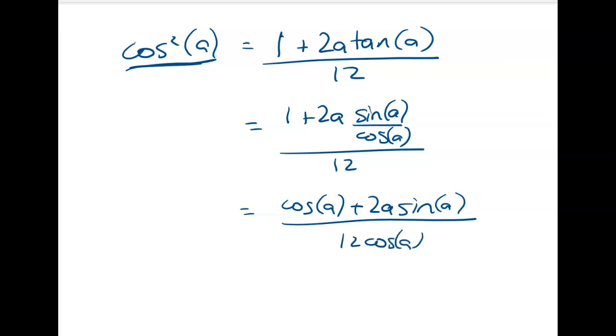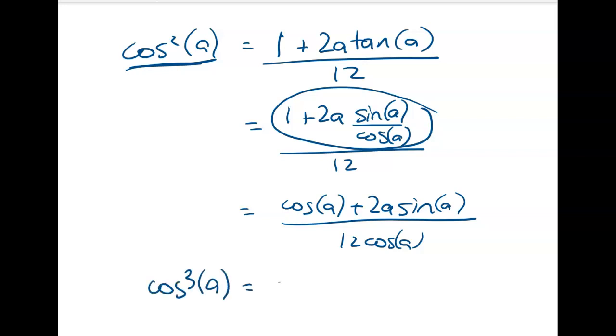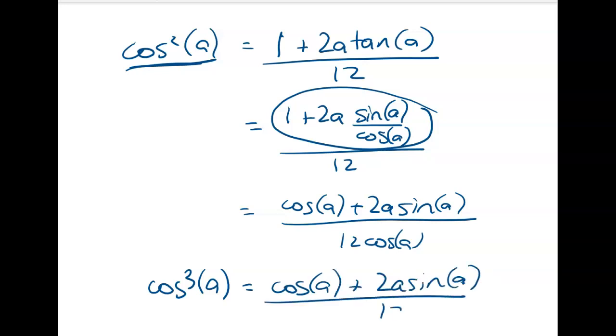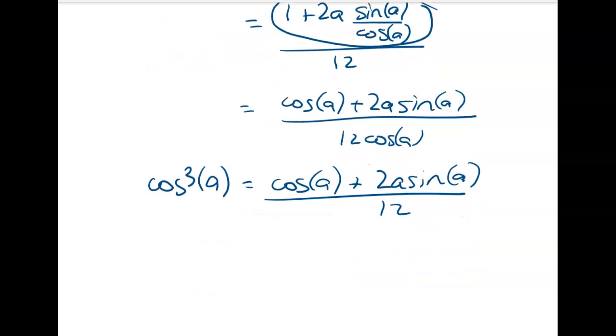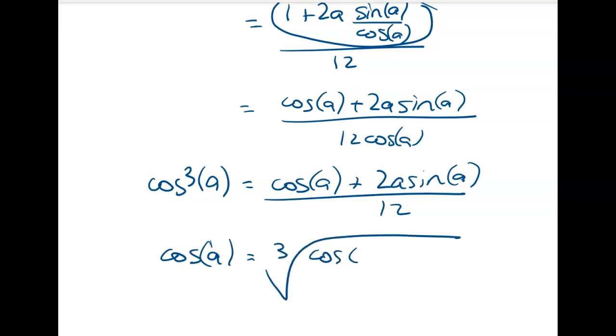What I've done here is just get a common denominator. And now we're just about there. So we've got cos cubed of a is equal to cos of a plus 2a sine a over 12, which gives me cos of a equal to the cube root of that.